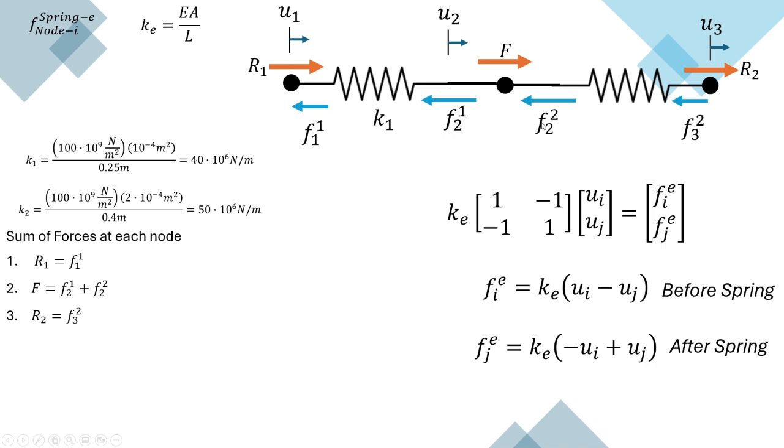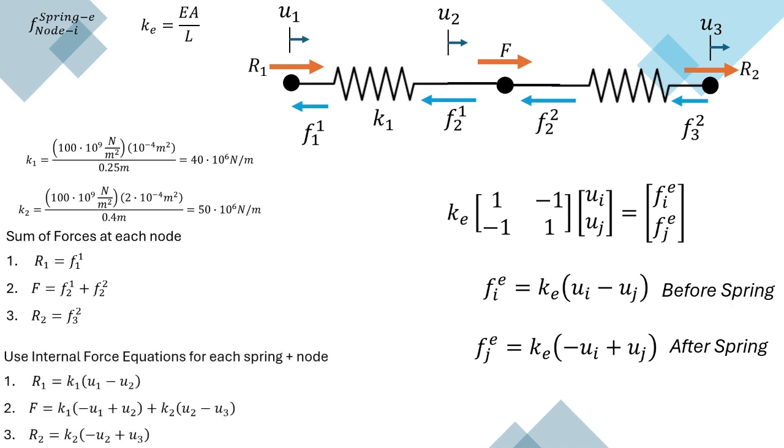So now if we look at the sum of forces, we have F12 and F22. So we have two internal force members equals one external force. And then we do the same thing on the third node, where the force at the wall is equal to the internal force F23. Real easy, simple stuff.